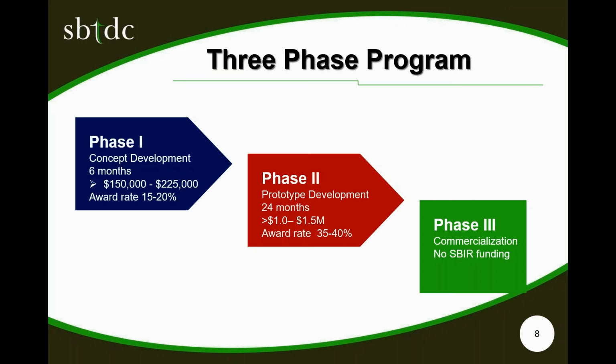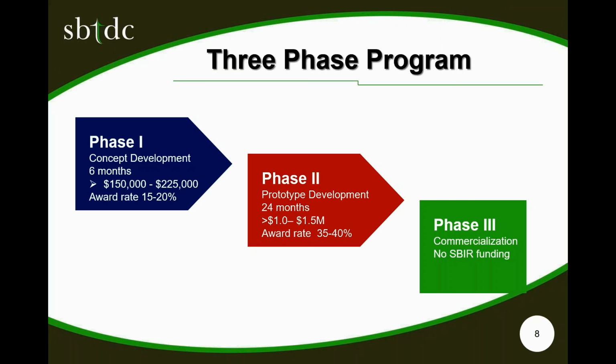So the commercialization plan can be thought of as a business plan or a plan to get that product in the marketplace that's focused specifically on that product that you're developing. Win rates can certainly vary from one project to the next. On average, again, phase 1s are 15 to 20%, phase 2s 35 to 40%.